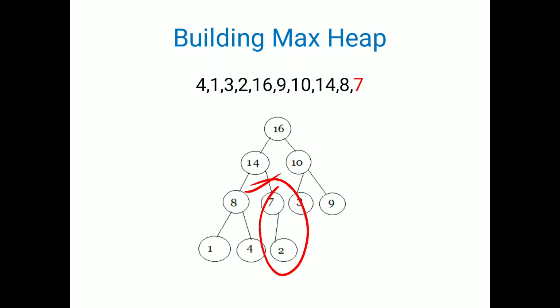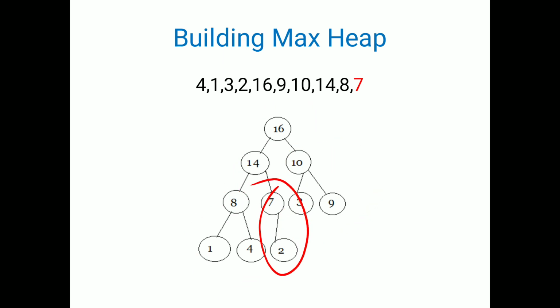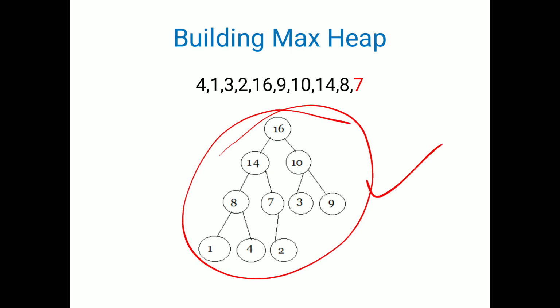Now it follows the max heap property. This one also follows the max heap property, and finally this one also follows the max heap property. It means that we have created the max heap for the given elements. So the max heap for the elements given in the question, this one is the final max heap.